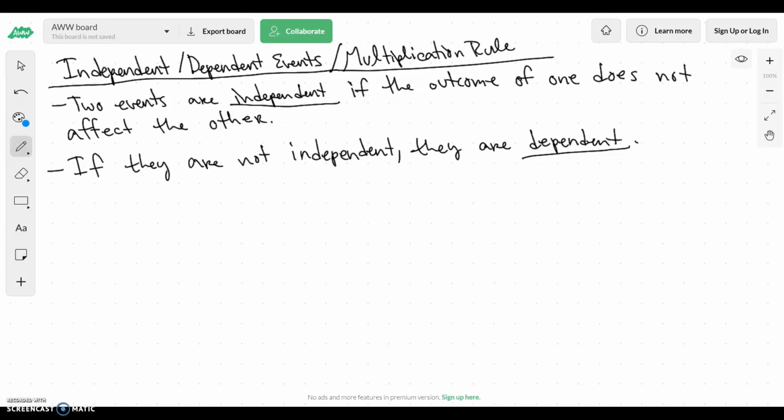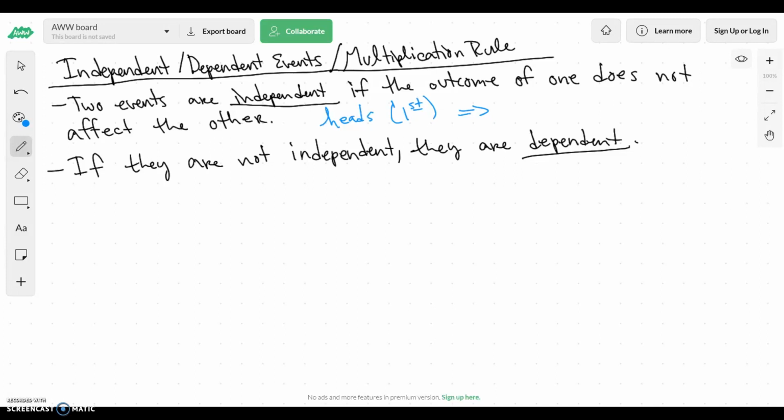We say two events are independent if the outcome of one does not affect the other. If you think about one event not affecting the other, you can have flipping a coin. If you get heads the first time, that is not going to affect the outcome of the second toss.